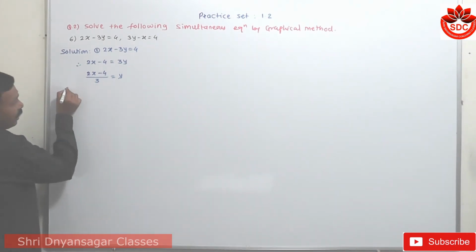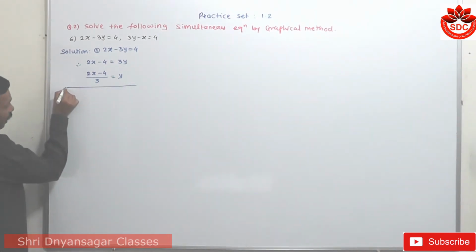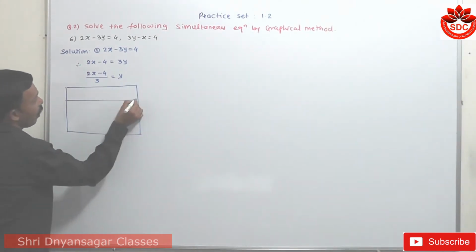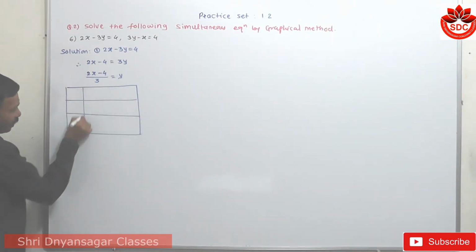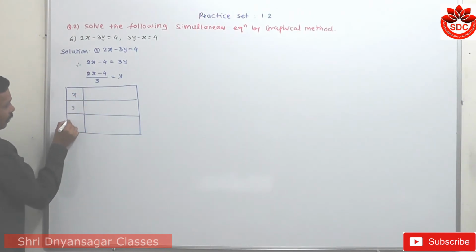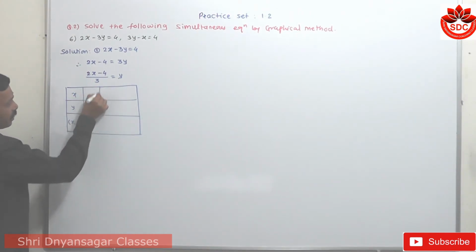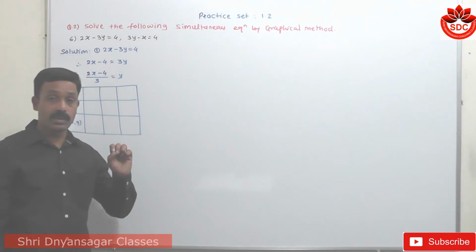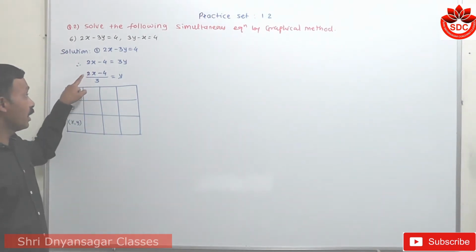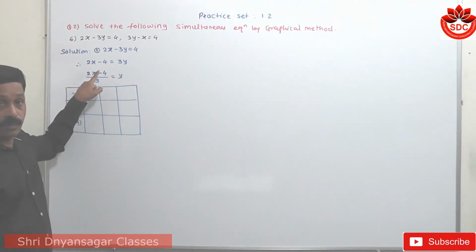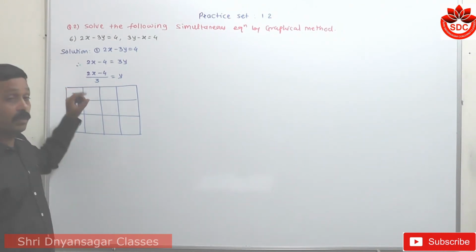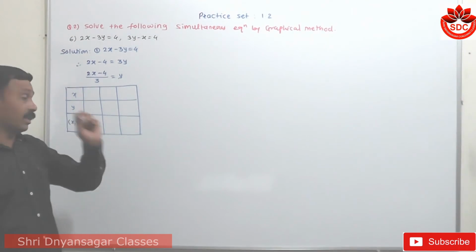Now we take any three values of x. From these we can find the value of the other variable, y, taking the pairs by taking any three values of x. First take a value such that when we multiply it by 2 and subtract 4, it divides completely by 3, meaning our answer is a whole number.